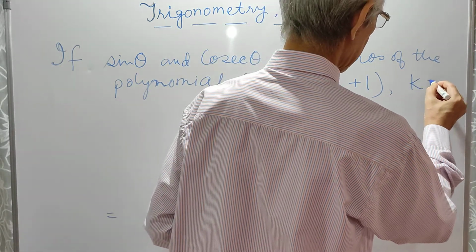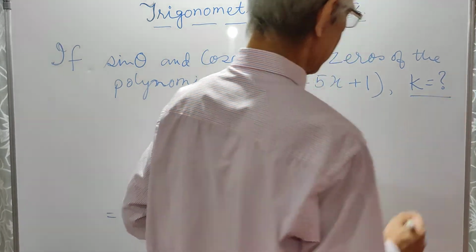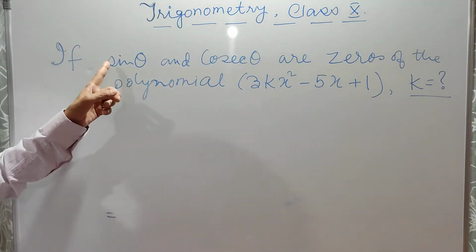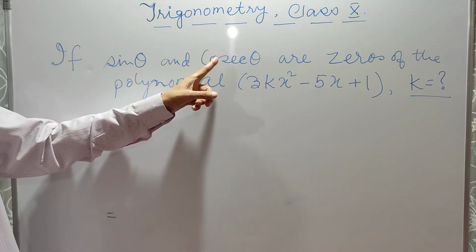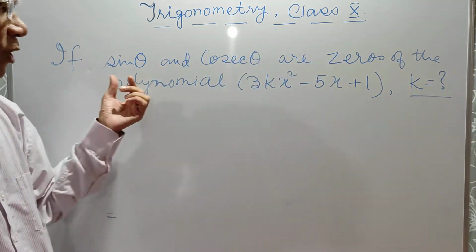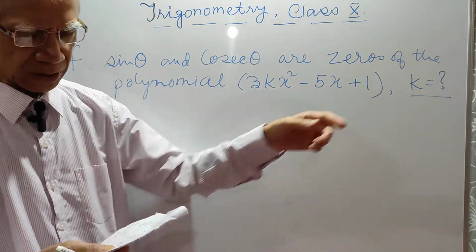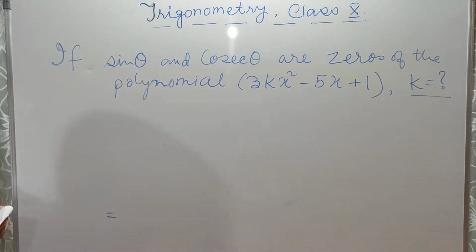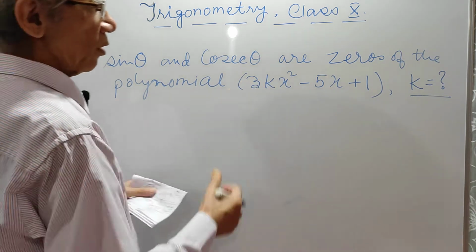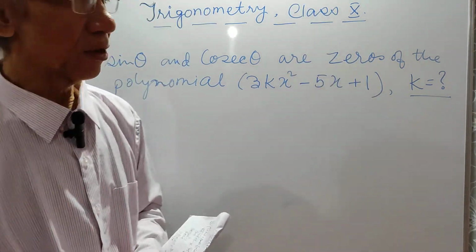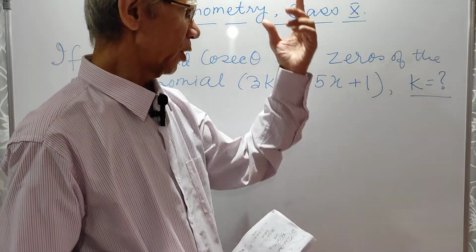So what is the value of k? Sine theta and cosec theta are zeros of this polynomial. Try to recollect those things from the polynomial chapter.